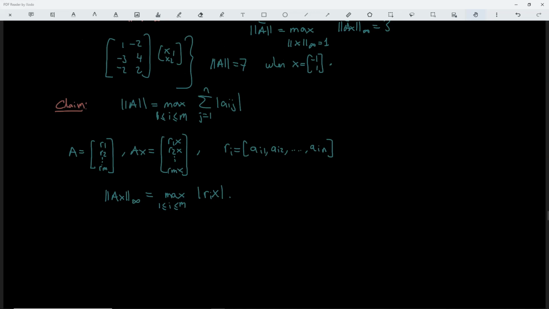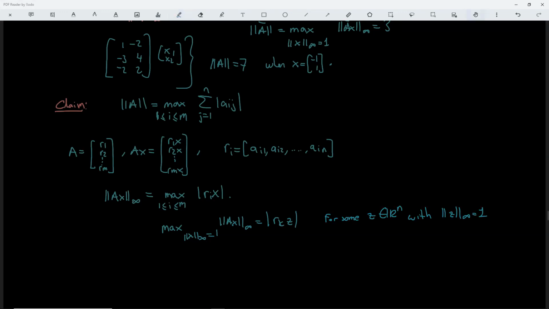Let's assume the maximum of that thing, while the infinity norm of x equals 1, the infinity norm of Ax is equal to the absolute value of rk times z for some z in R^n with infinity norm of z equal to 1.